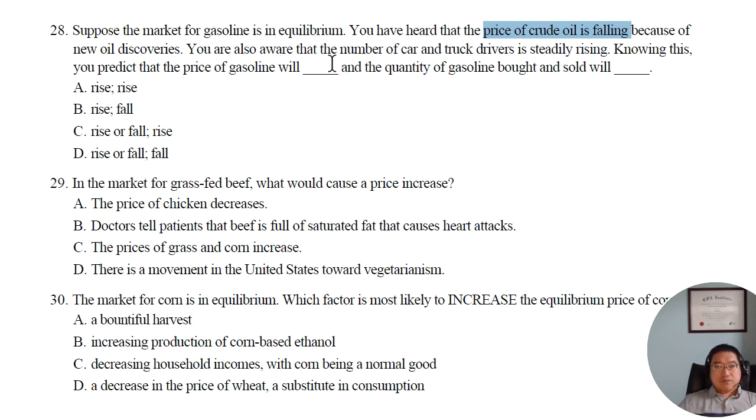You are also aware that the number of car and truck drivers is steadily rising. So more drivers on the road, they all need gasoline. Knowing this, you predict that the price of gasoline will do what, and the quantity of gasoline bought and sold will do what, right?